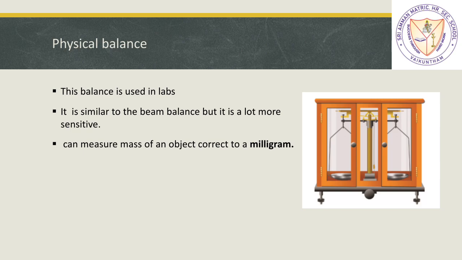With a common balance, we could measure 2 grams, 5 grams, 10 grams, 20 grams, up to 5 kgs. We were not able to measure in milligrams. But using the physical balance, we can measure the smallest masses, whose mass is in terms of milligrams.